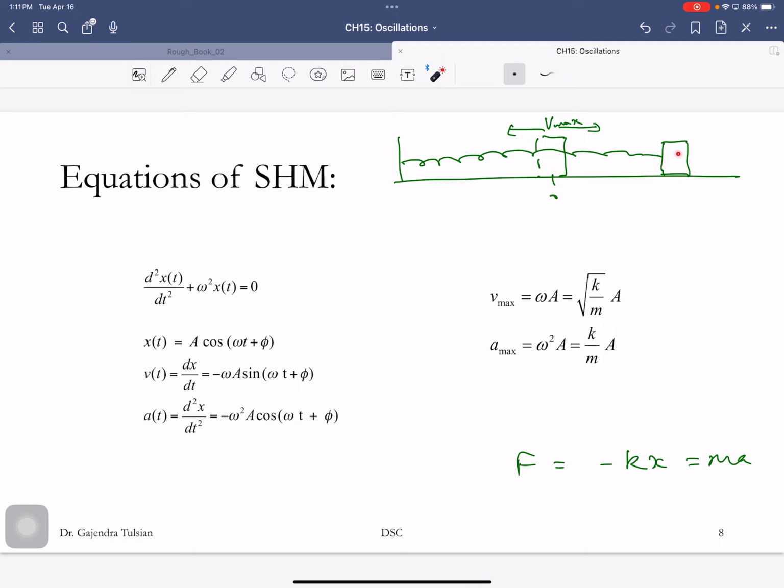So when it's going there and coming back in this direction, acceleration is in that direction, maximum acceleration. So at the two extremal points, here the acceleration is minus A omega squared, and here it's plus A omega squared. All right. So this one slide captures everything.